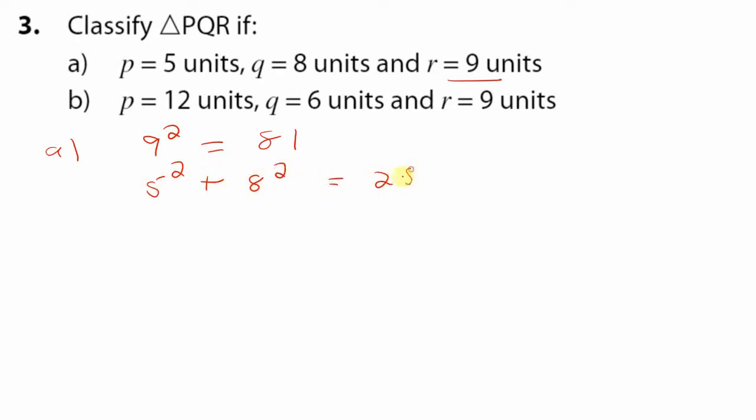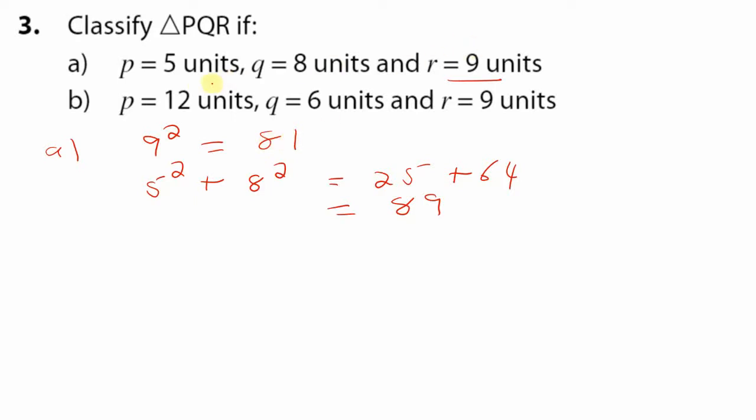So we have 25 plus 64, 5 squared 25, 8 squared 64, which is 89. You see it's not the same, so it can't be a 90-degree angle triangle. 81 is smaller than 89, so therefore it must be an acute angle triangle.